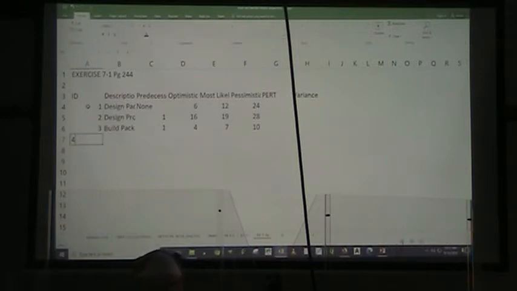Activity 4 is secure the patent. The predecessor activity for that is 2. The optimistic time is 24. The most likely time is 27. And the pessimistic time is 36.